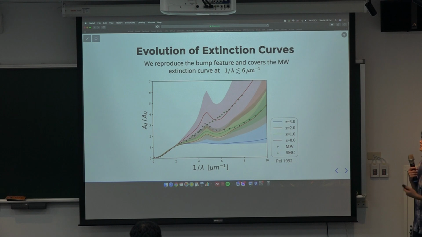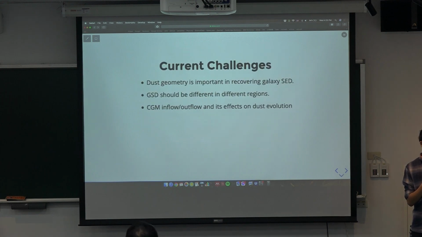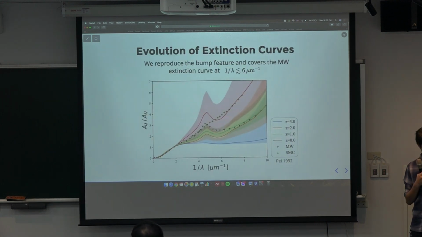As you can see, our model successfully reproduced this bump, and our extinction curve roughly covers the observed extinction curve at this long wavelength region. Although our model gives a steeper prediction at the short wavelength region, we are working on it. So that's my result.